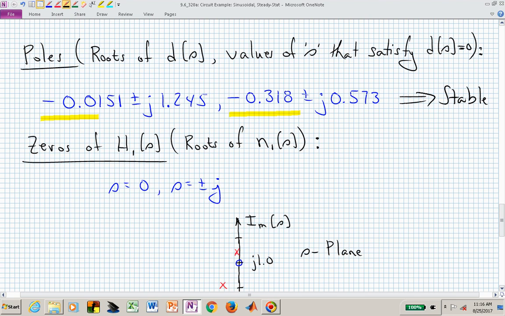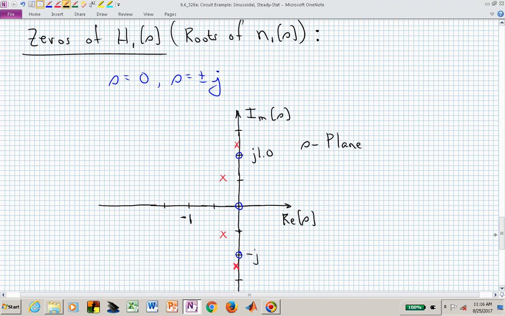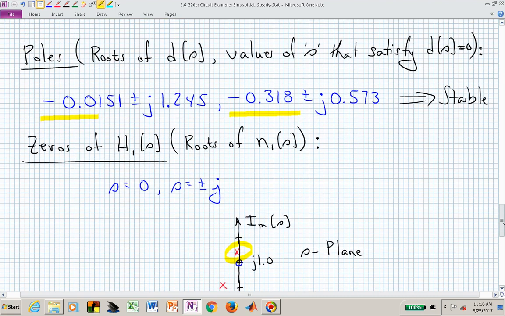And which one of those modes is dominant? The dominant modes in this, for ease of talking about one particular node, they're both going to influence the dynamic behavior, but a lot of times let's just concentrate on the ones that are closest to the imaginary axis.